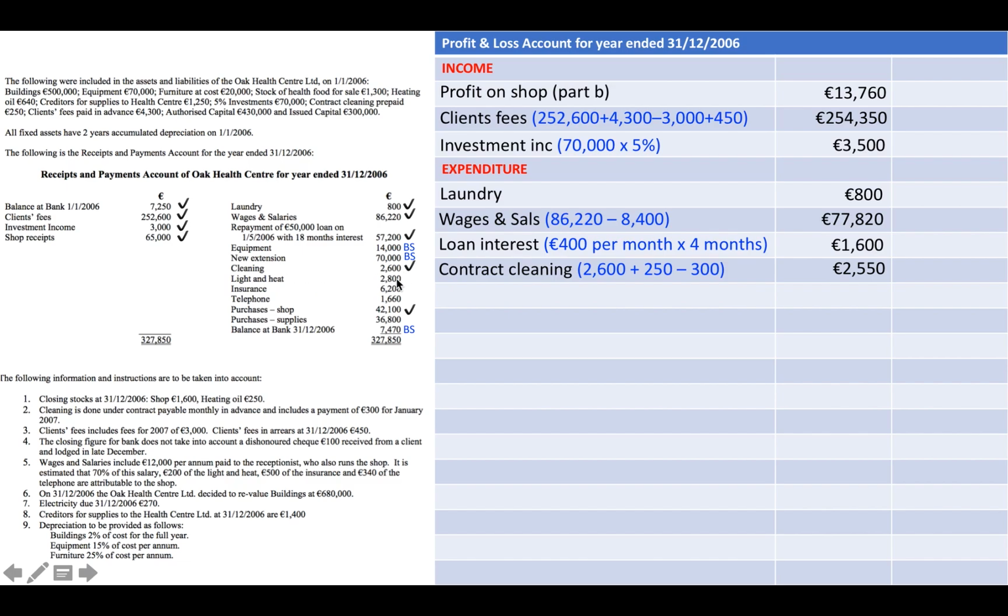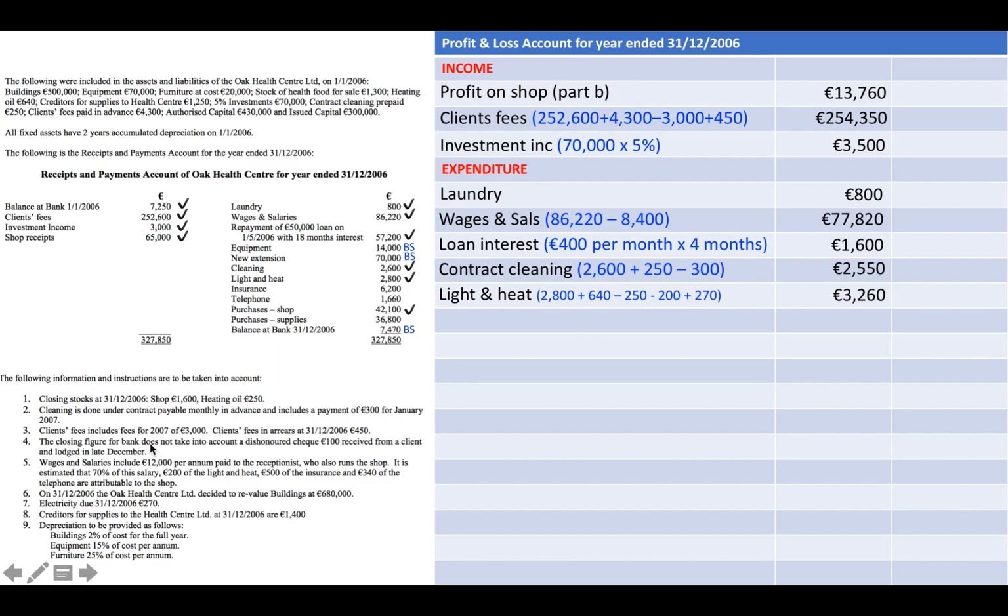Next is light and heat. So we have 2,800 there. Now, if we look for light and heat up here, we have heating oil 640. We are going to use that. So we're going to plus the 640 here. Then we are going to scan down through the bottom. We have stock of heating oil at the end of the year, 250. So we are minusing 250 here.